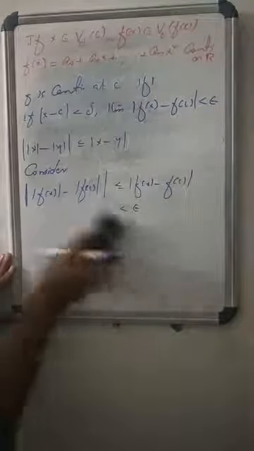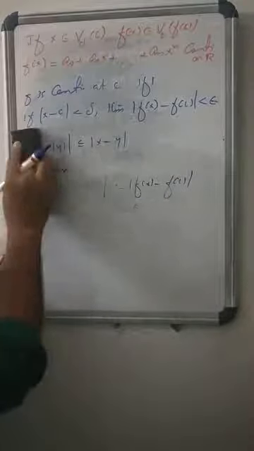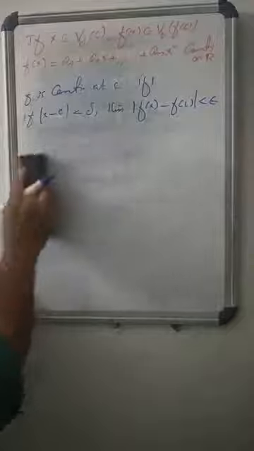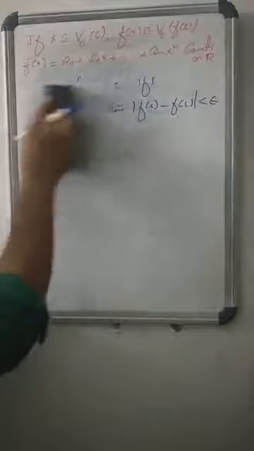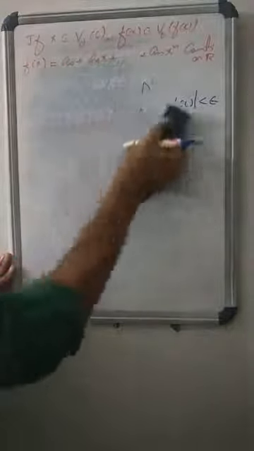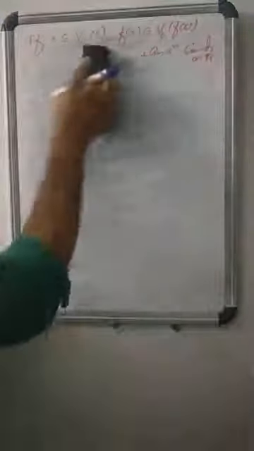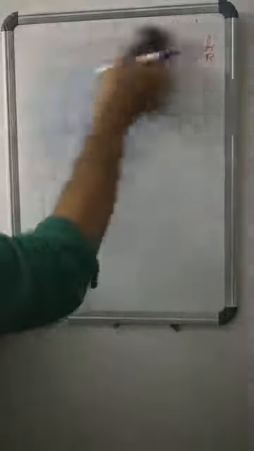Now, we already proved that if f and g are continuous, then f plus g, f minus g, f into g, f by g, etc. are continuous. Here, we prove that the composition of two continuous functions is also continuous. What is the composition of continuous functions?